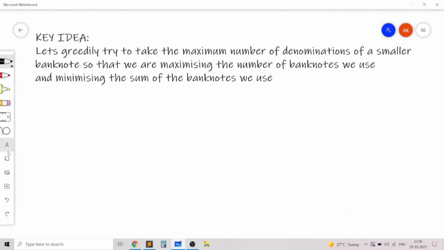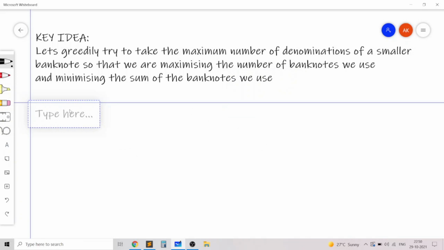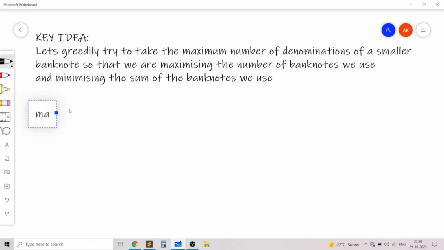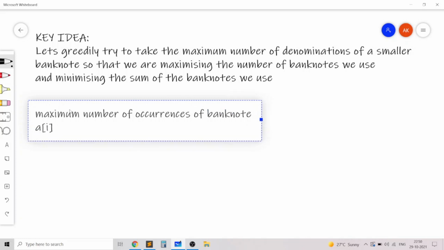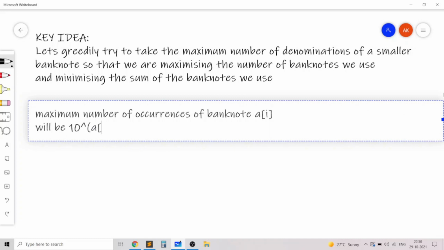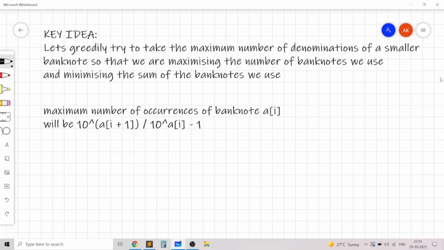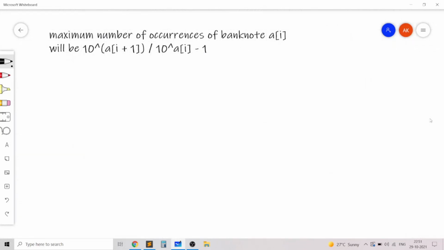So the maximum number of occurrences of banknote a_i will be 10 to the power of a_(i+1) divided by 10 to the power of a_i, minus 1. That's exactly what I had mentioned earlier, and now I'll explain that a bit more.